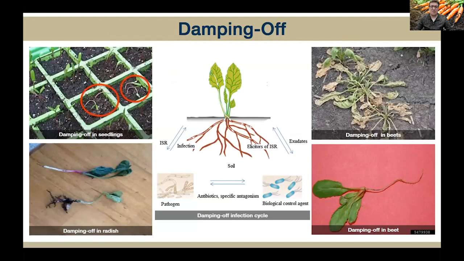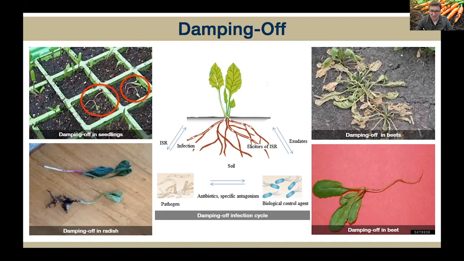Okay, so damping off. This is a super common problem when you're working in a greenhouse. It might be a problem in the field too if your soil is really wet or infected. Basically, damping off is caused by various soil-borne pathogens such as Pythium, Phytophthora, Rhizoctonia, and sometimes Fusarium.